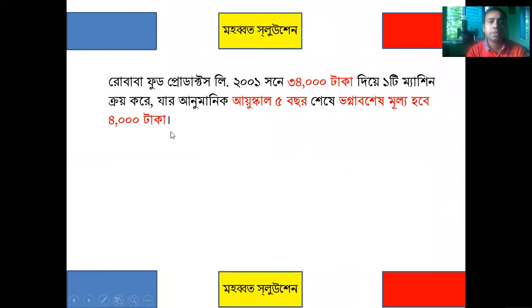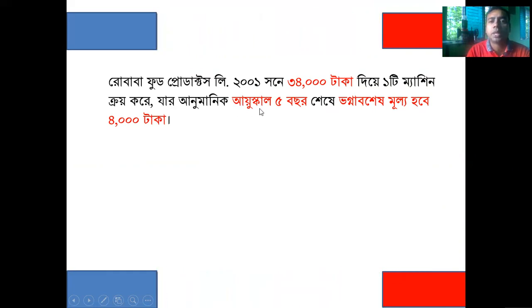Next, the problem is given to you. Robaba Food Products Limited purchased a machine in 2001 for Taka 34,000, and its estimated useful service life is 5 years.